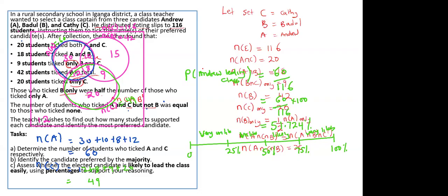The elected candidate is likely to lead the class easily since the percentage, 52, is greater than 50, in the range 50 to 75%.